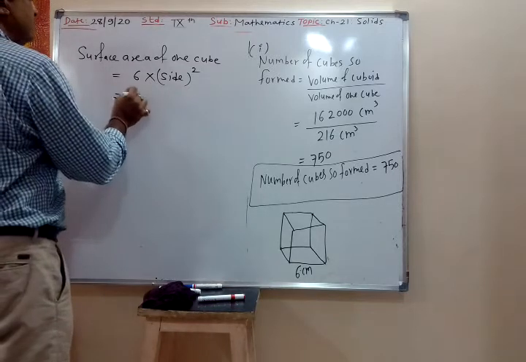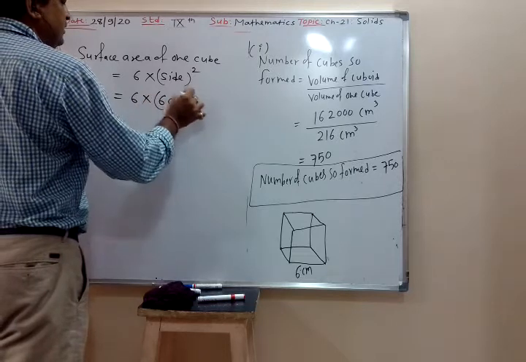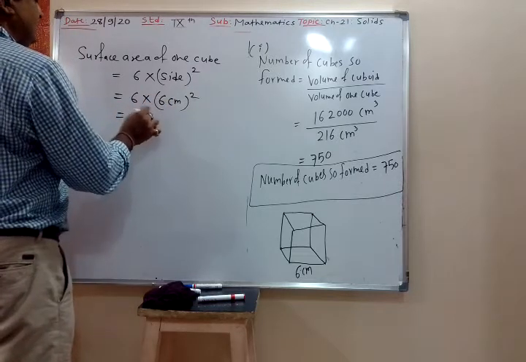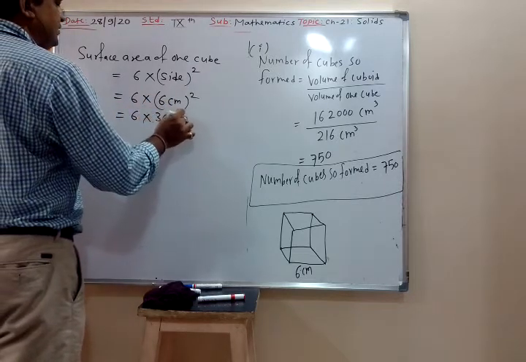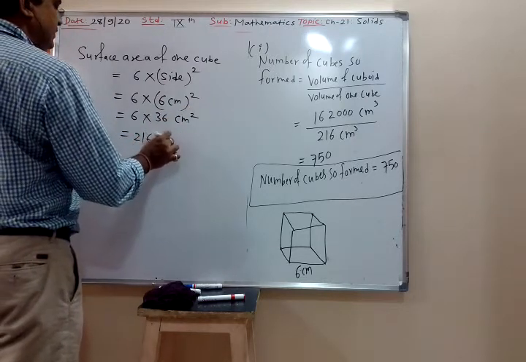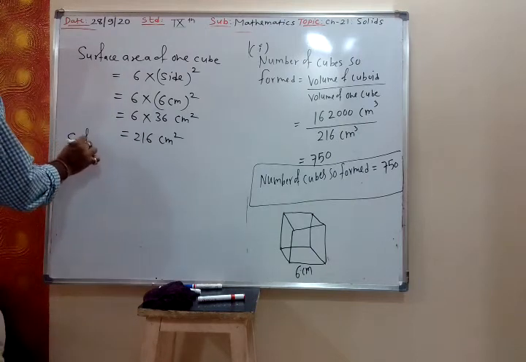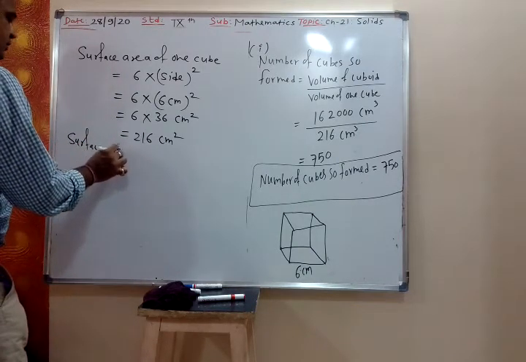So 6 into side square, side is 6 centimeter, square. So that is 6 into 36 centimeter square. That is 216 centimeter square is the surface area of one cube.